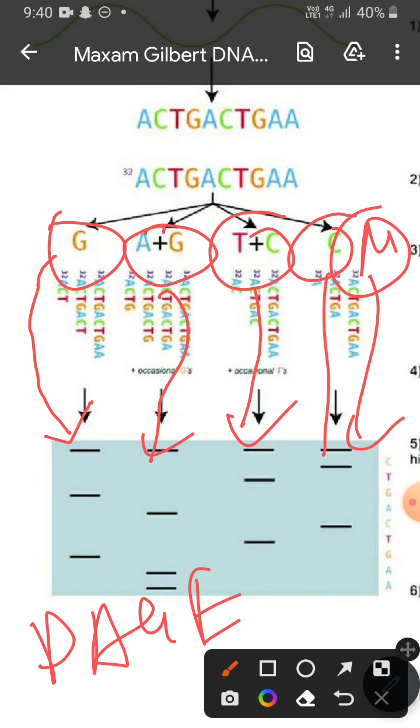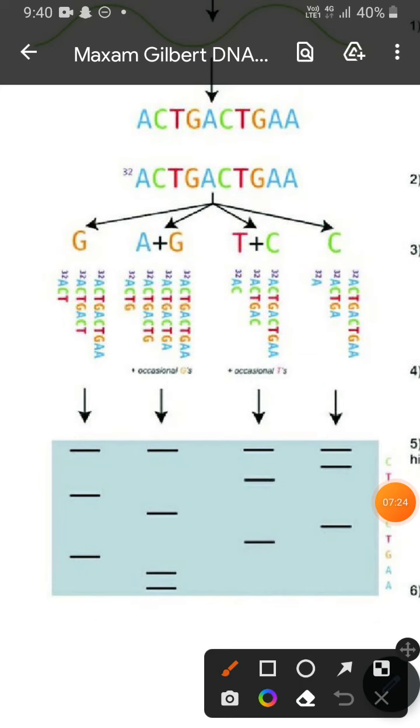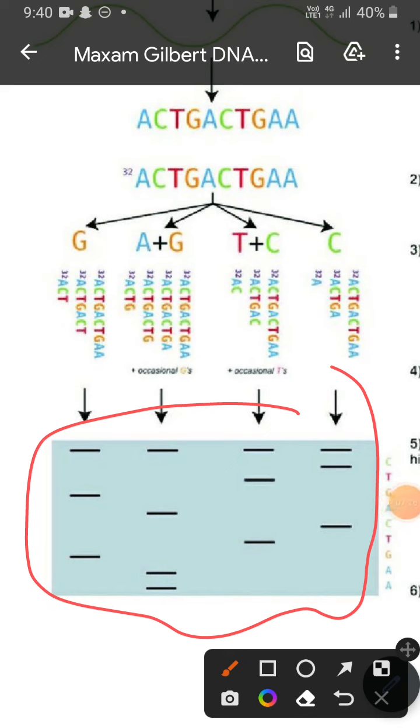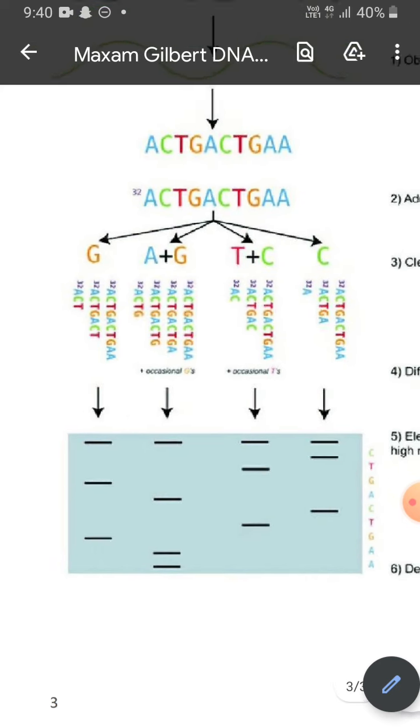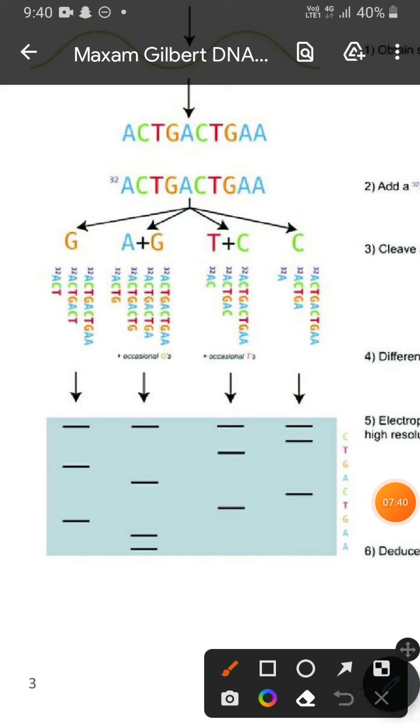Our gel will migrate from top to bottom, so we will have separated fragments, and these fragments can be observed with the help of an autoradiogram. The bands in our autoradiogram will be read for sequencing from the bottom to the top.